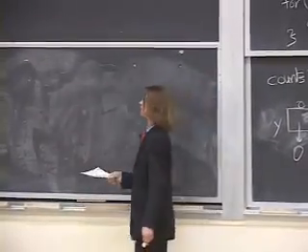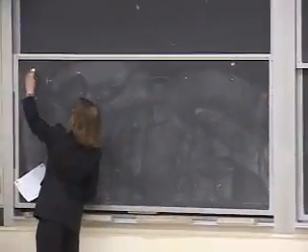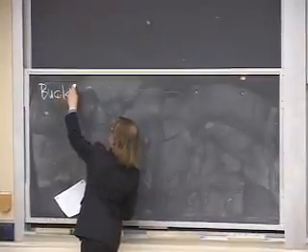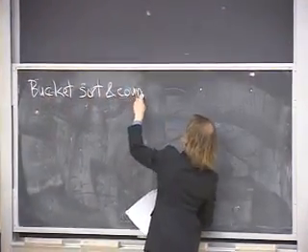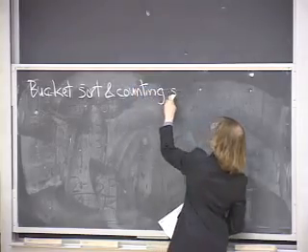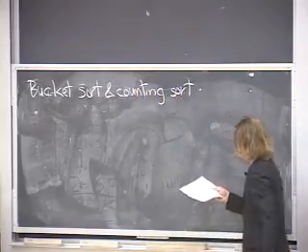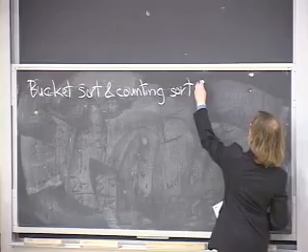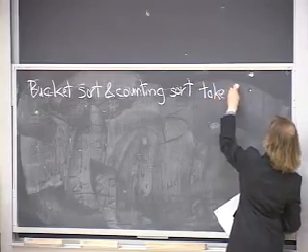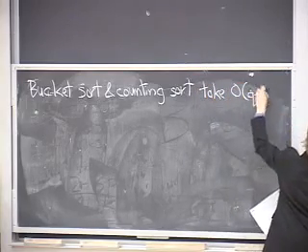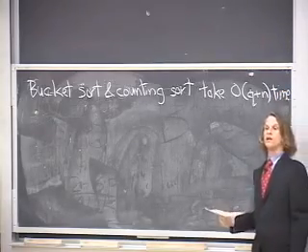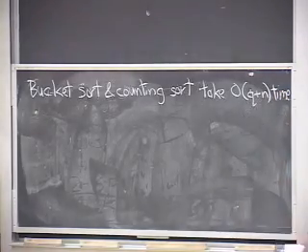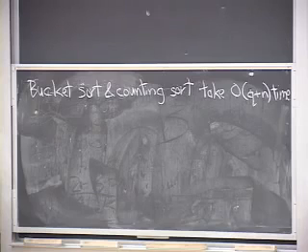All right, well, counting sort has the same analysis as bucket sort. It does the same thing, just a different way. So bucket sort and counting sort both go at q plus n time, where q is the number of different possible keys, and n is the number of items we're sorting as usual.